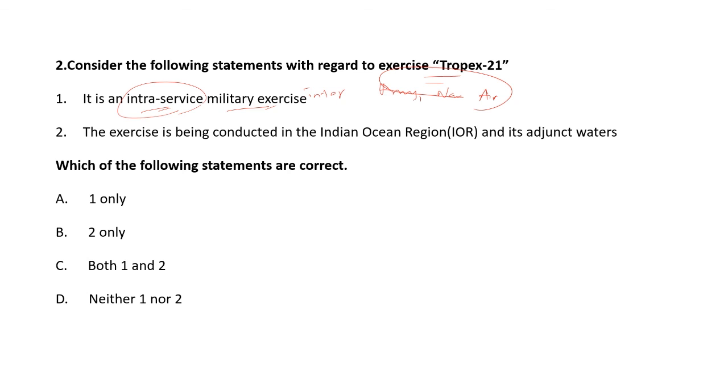The exercise is conducted in the Indian Ocean region and its adjacent waters. That's true. The first statement is wrong, because it is inter, not intra. The second one is right. So the answer is two only.